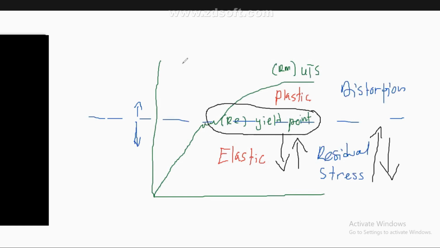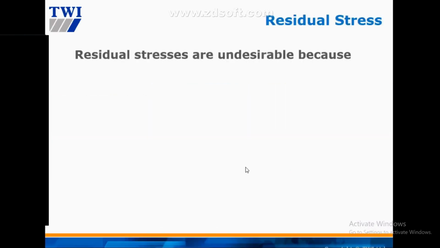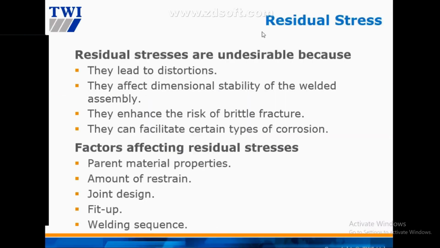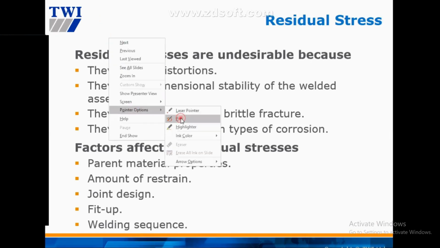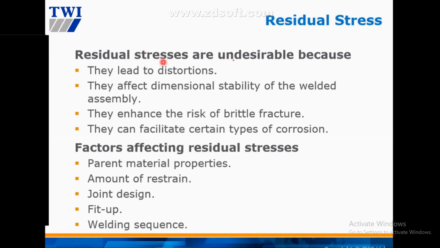We move to your slide. Like what is said here: residual stresses are undesirable because they lead to distortion, they affect dimensions, and they can cause brittle fracture, or maybe hydrogen cracking.